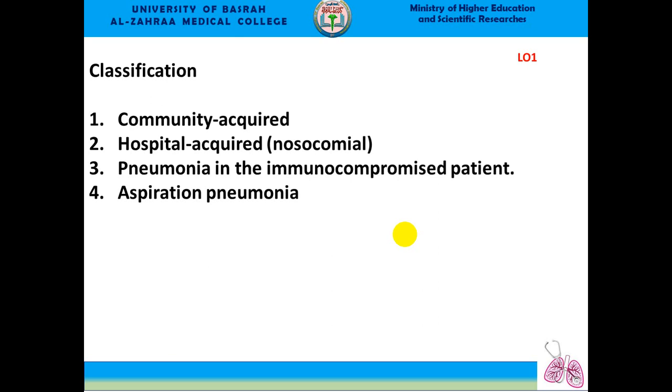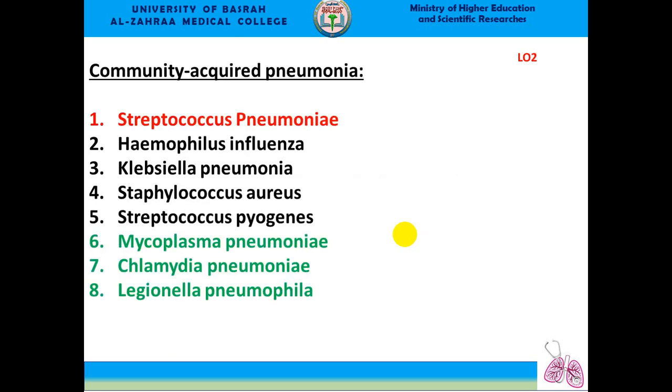In addition, people who are on long-term steroid use, again, they are immunocompromised, and they might get this special type of pneumonia, which we call pneumonia in the immunocompromised patient. And the fourth type is aspiration pneumonia, and I explained the term aspiration pneumonia.